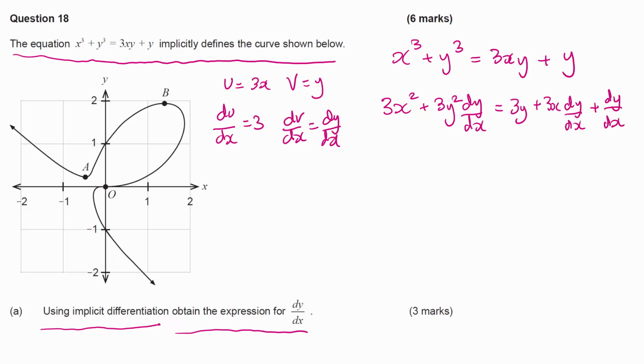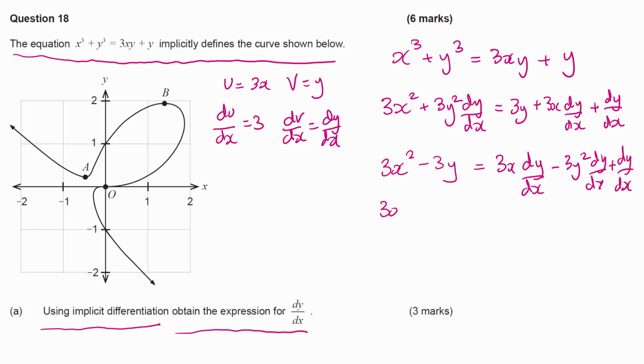Now we're going to bring everything with dy/dx onto the right hand side. So I've got 3x dy/dx minus 3y squared dy/dx plus dy/dx, and everything without onto the other side.